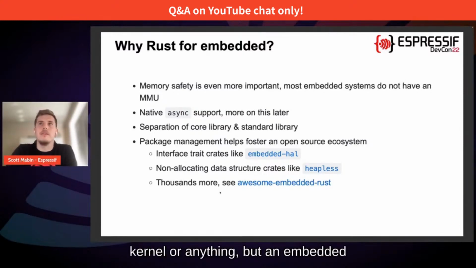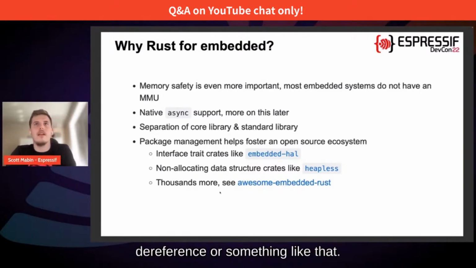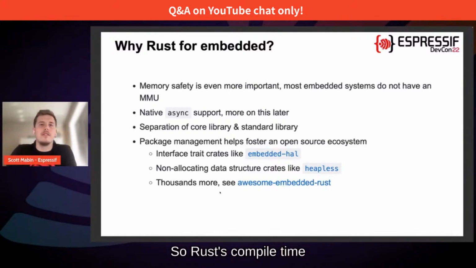But in embedded systems, this is generally different, and you're probably going to end up rebooting the chip if you do a null pointer dereference or something like that. So Rust's compile time elimination of those bugs is extremely helpful. There's native async support inside the language, and when I say native, I mean it's part of the language. It's not an add-on. I'll go into a bit more detail about that later.